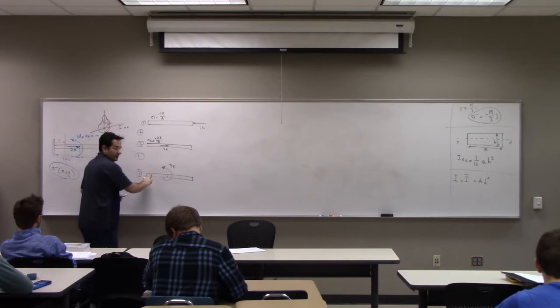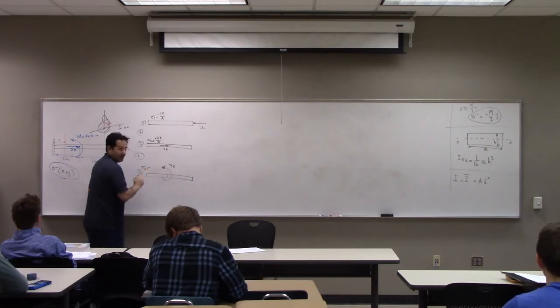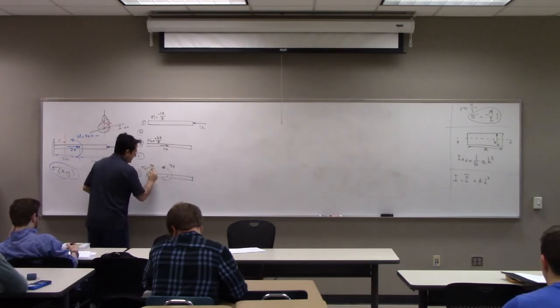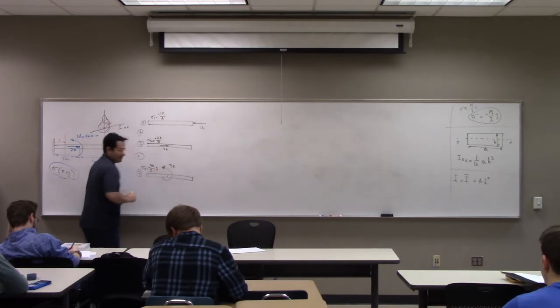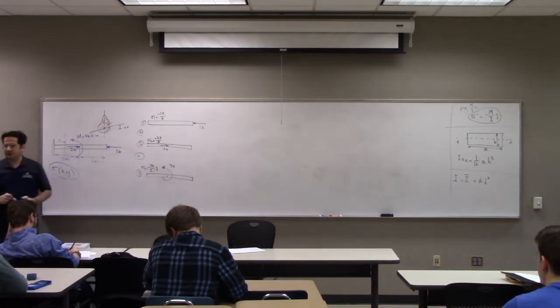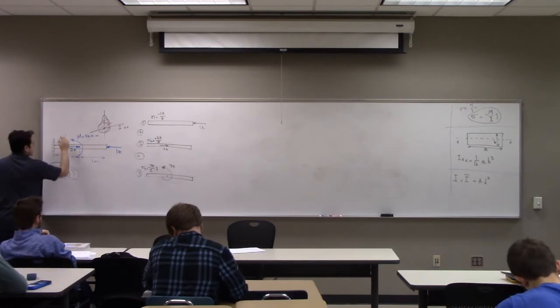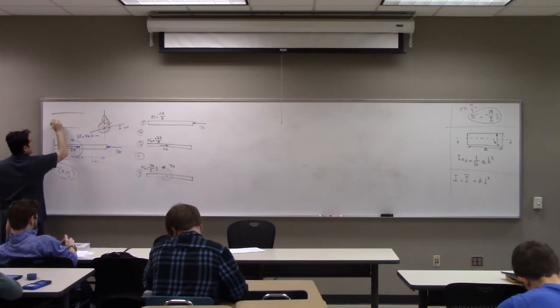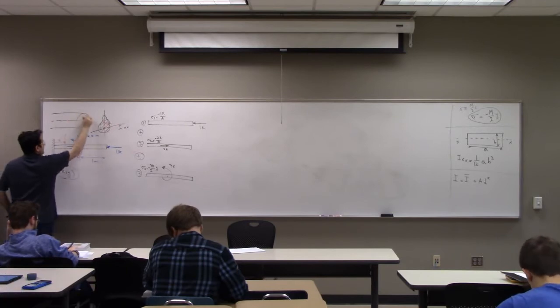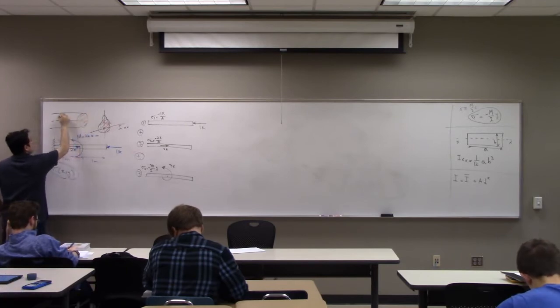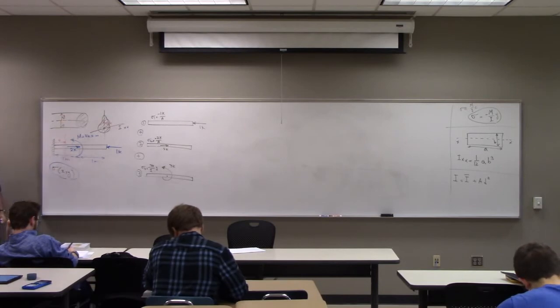What about this guy? Sigma 3 is equal to negative M, which is 3K, times y over I. Now that's not a number. That depends on how much you have deviated from the center. So this is the center point, right? This is your y plus, y minus.